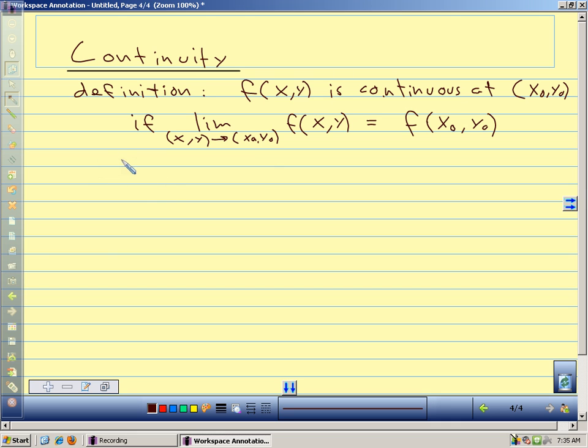Just like we talked about with limits, when we're looking at continuity, our rules, we can talk about scalar multiples. So if we multiply our function by a scalar, it doesn't affect the continuity. Sums and differences of continuous functions are continuous. Products and quotients.